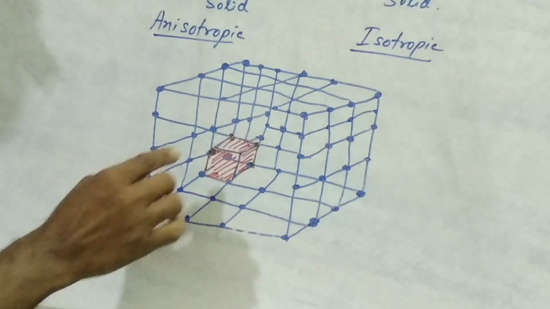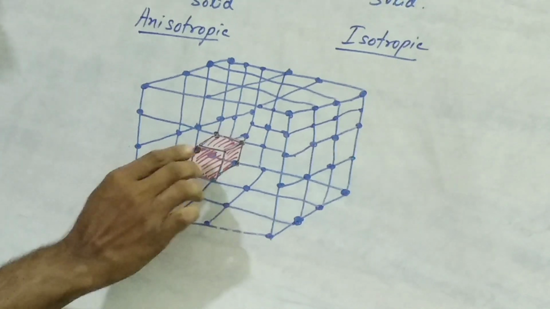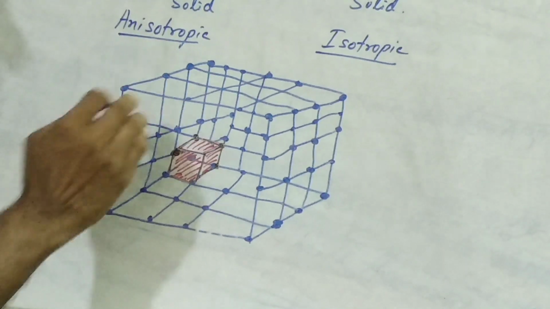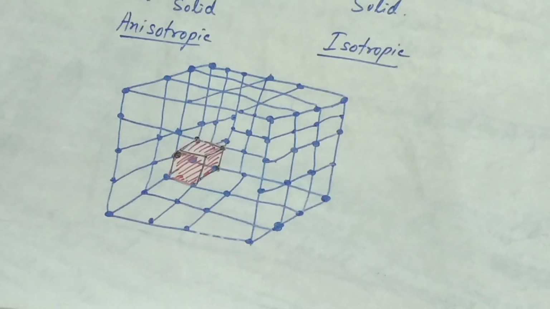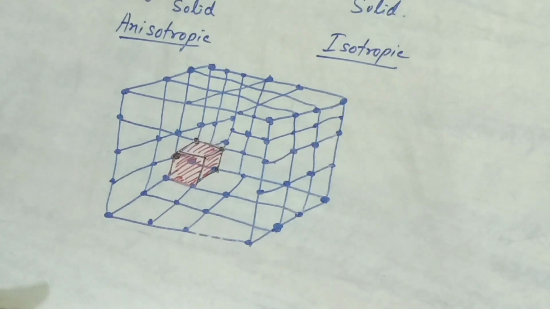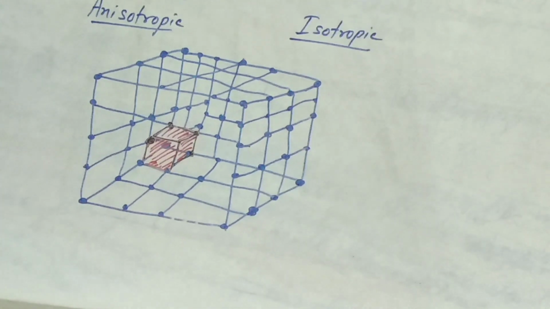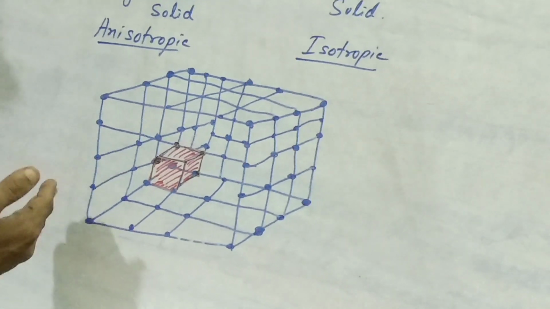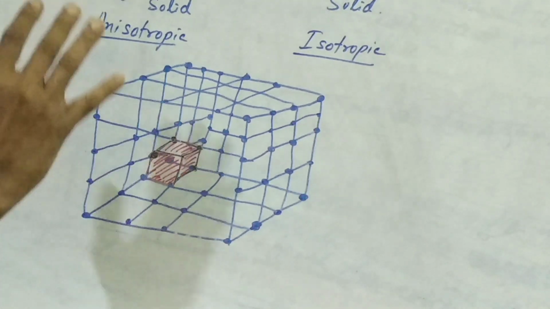And you see, the smallest part of this lattice is a small cube which when repeated along length, breadth and height gives rise to the entire lattice. So this shaded region is called a unit crystal. So a unit crystal is the smallest part of a lattice which when repeated along length, breadth and height gives rise to the entire crystal.